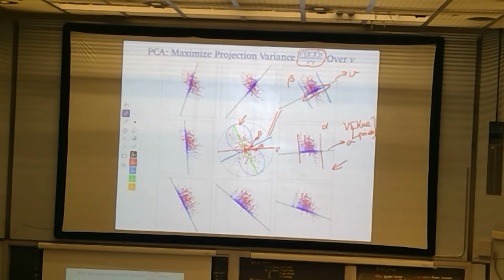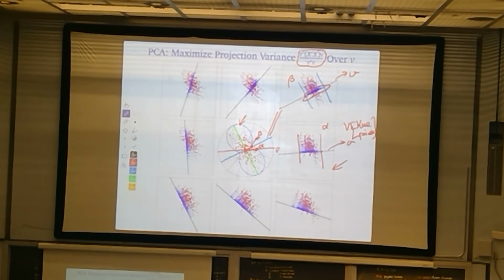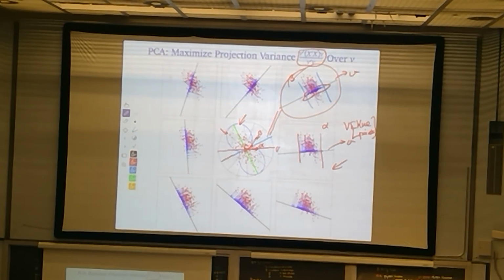Now I trace out this dumbbell shape, right? Like a peanut shape, this is my objective value, this curve. And the minimum point is achieved at this direction. Okay? This is the minimum projection variance direction.